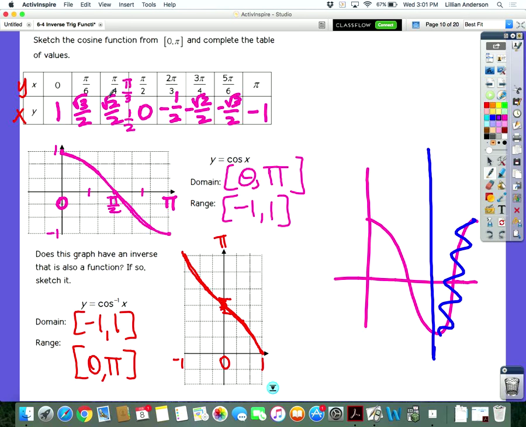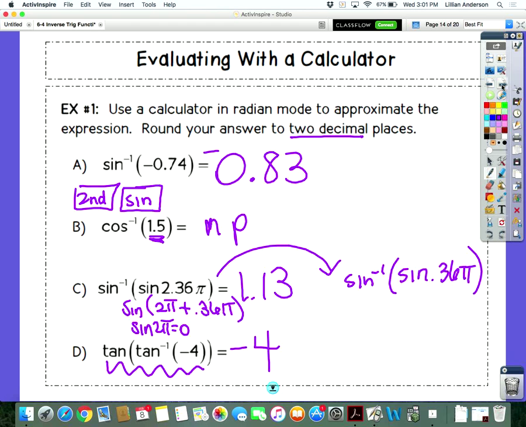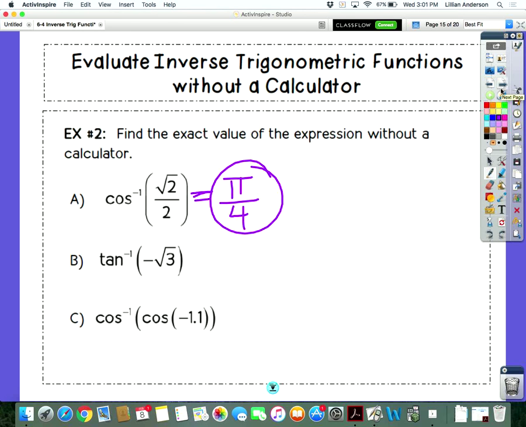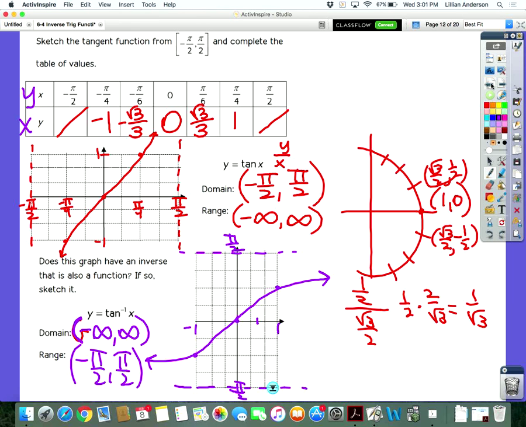Now let's look at the next one. It was the tangent inverse of negative root 3. Let's go back and look. That was negative root 3 over 3.